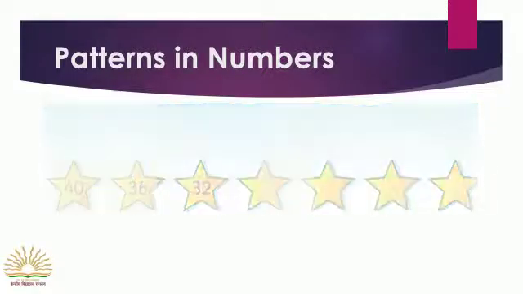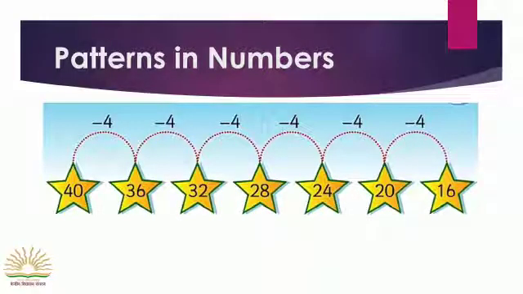Look at the pattern carefully. What can you observe? Correct. On subtracting 4 from 40, we get 36, which is the next number. Now again, on subtracting 4 from 36, we get the next number, that is 32.